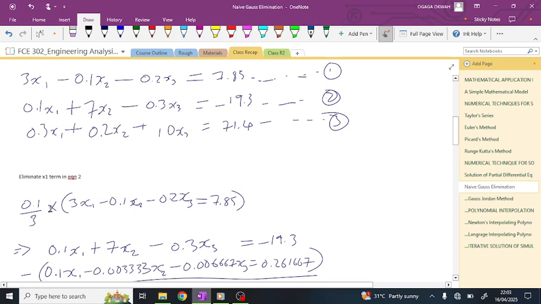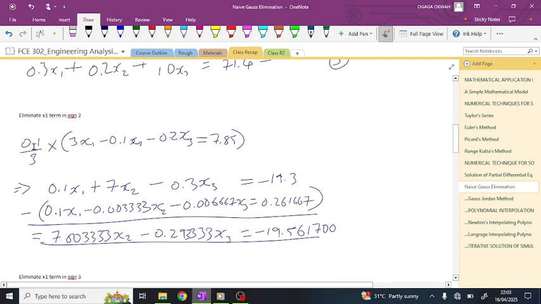So, in order to eliminate the x1 term in equation 2, take the coefficient of the x1 term divided by the coefficient of the x1 term in equation 1, then multiply by equation 1.